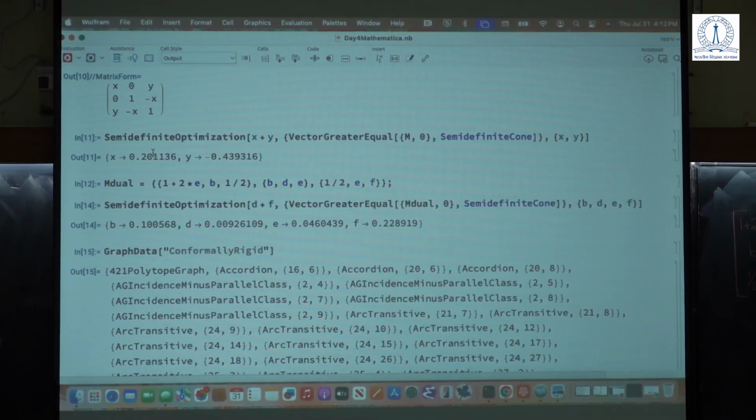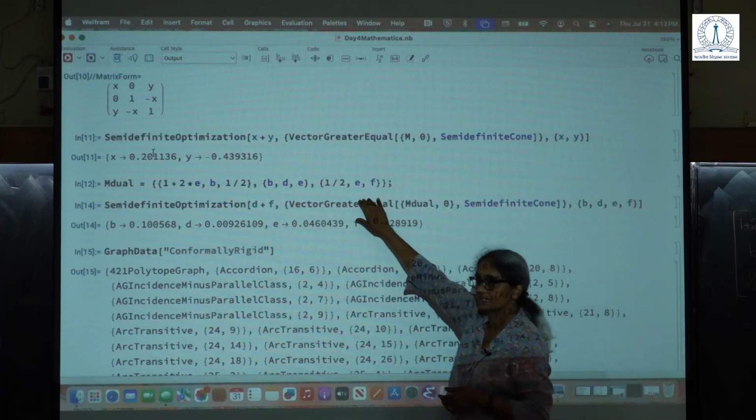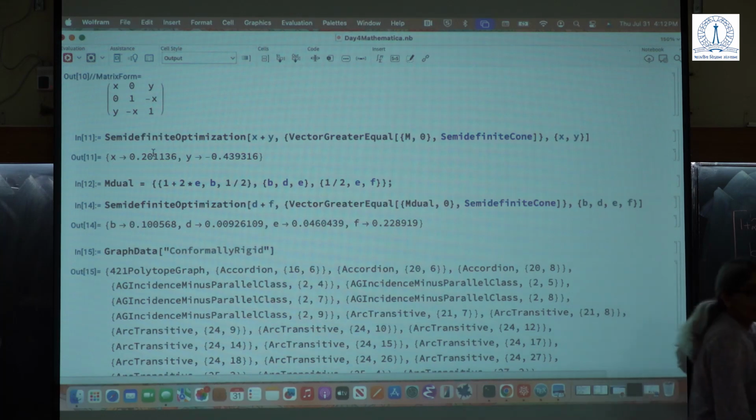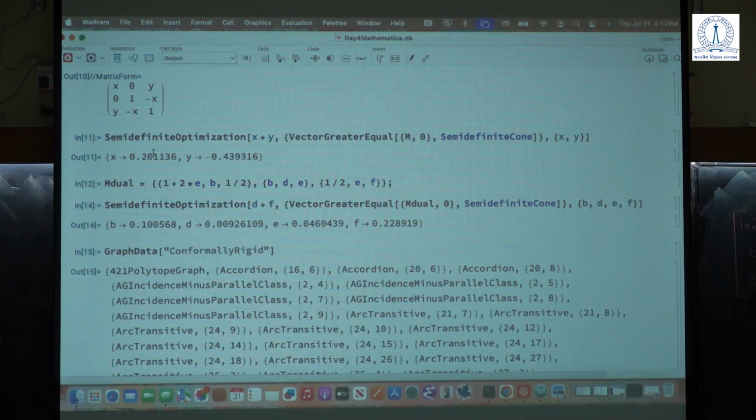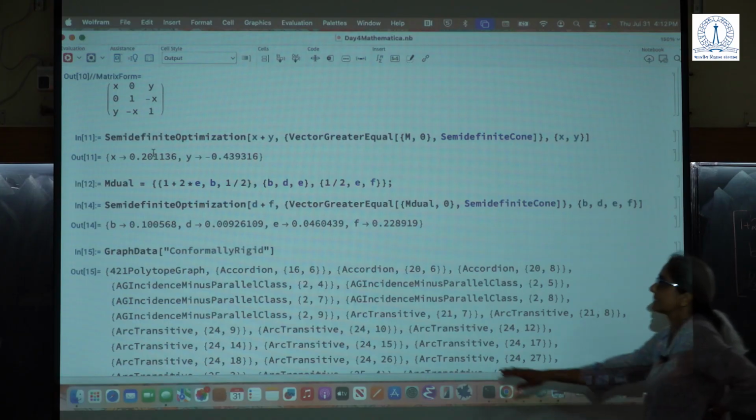Okay, so that's great. And then I also do the same thing for the dual. So here is the dual matrix that we had here in pink. This is the matrix. And then I'm just asking it to do semi-definite optimization. So this always assumes it's a min problem, okay? So Mathematica will always assume it's a min problem. So I'm minimizing d plus f.